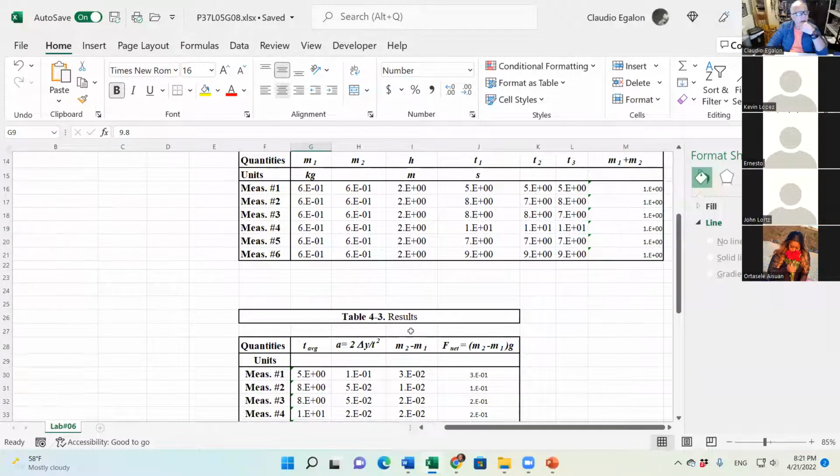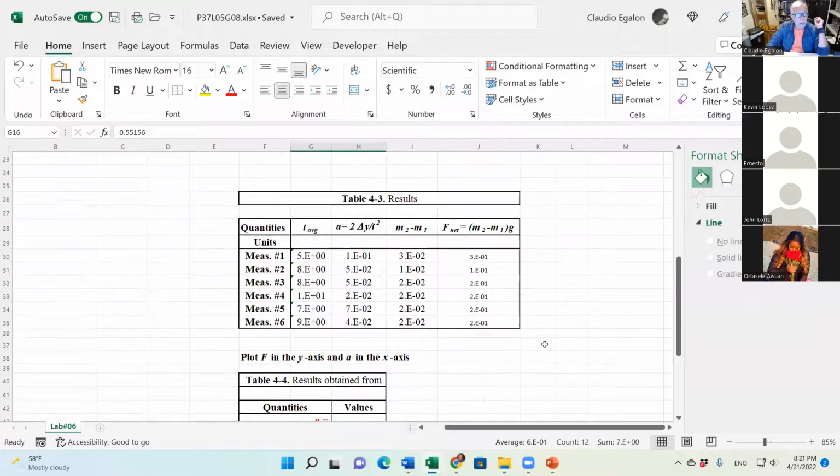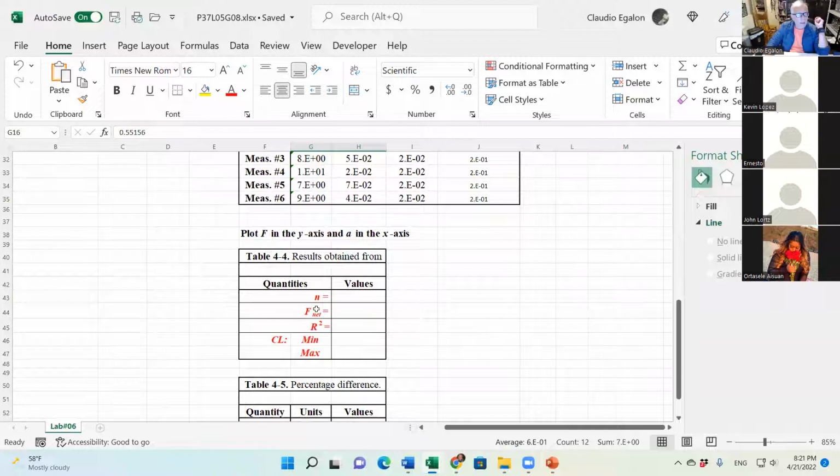But there are 6 measurements. Yeah, that's right. There are 6 measurements because I use 6 different combinations of M1 and M2. Yes, that makes sense. But on table 4-4, I understand what goes in there, but where do we get that information from?